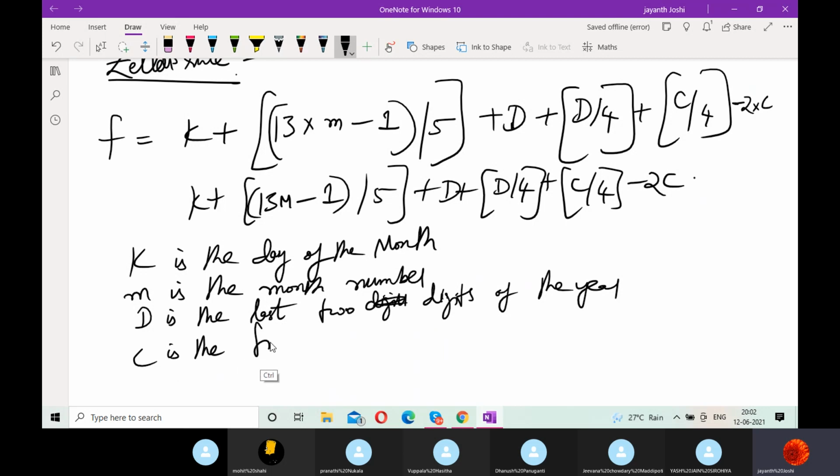C is the first two digits of the year. Make a note of all this.